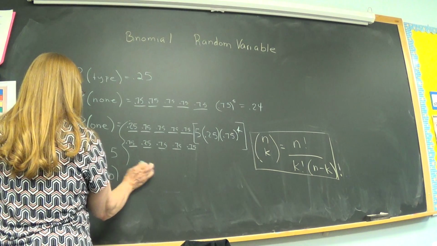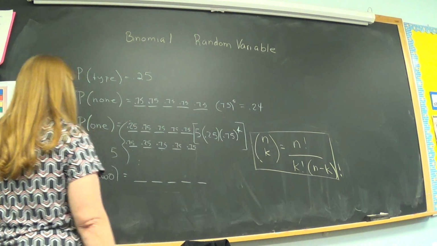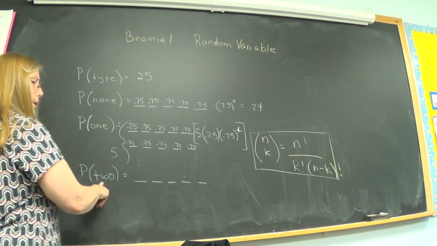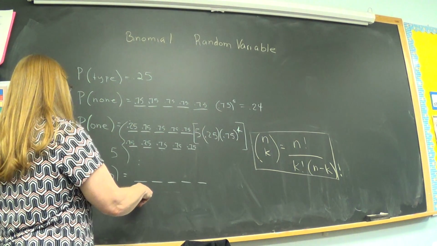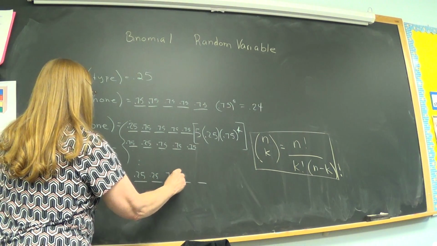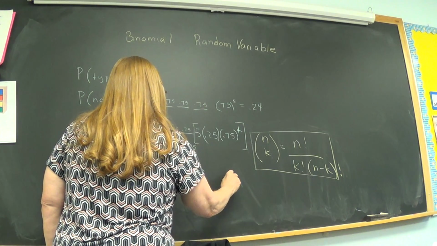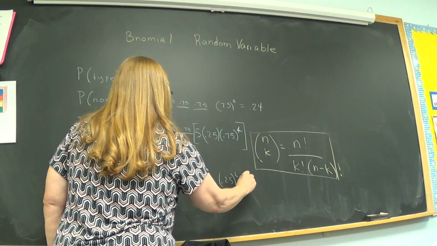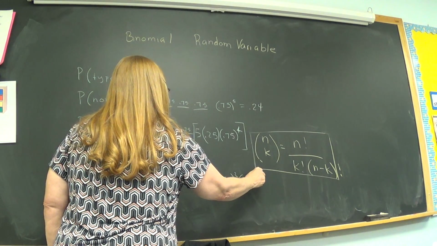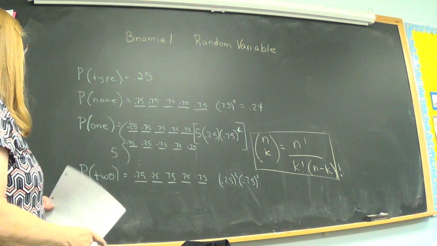What's one thing we could do to meet this requirement? 0.25, 0.25, and then 0.75 for the rest. So we got 0.25 twice and 0.75 three times. Notice the relationship between the exponents.